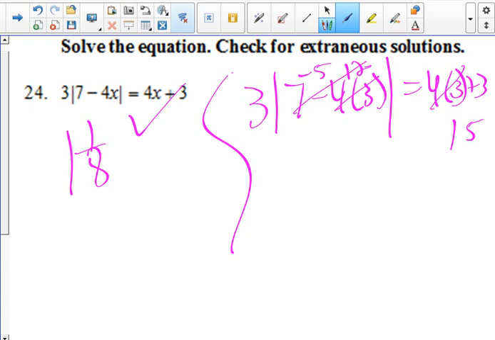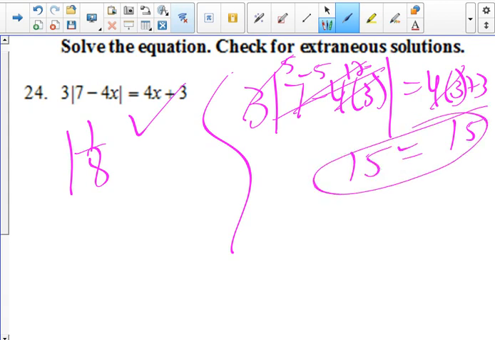The absolute value of negative 5 is 5, and 3 times 5 is 15. 15 equals 15, so this checks out also. Neither are extraneous solutions, so they both check out. And that's our answer: 1 and 1/8 and 3, and neither are extraneous.